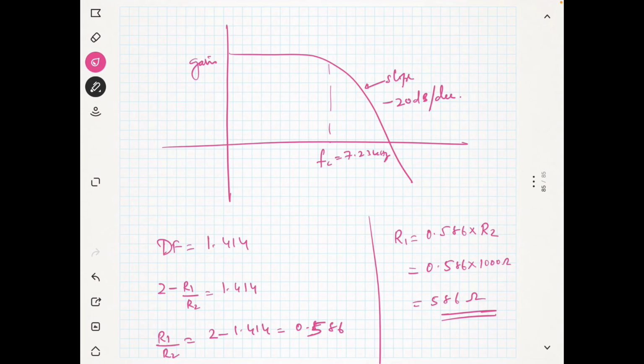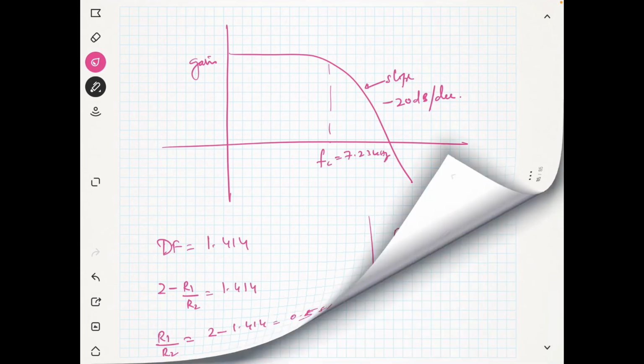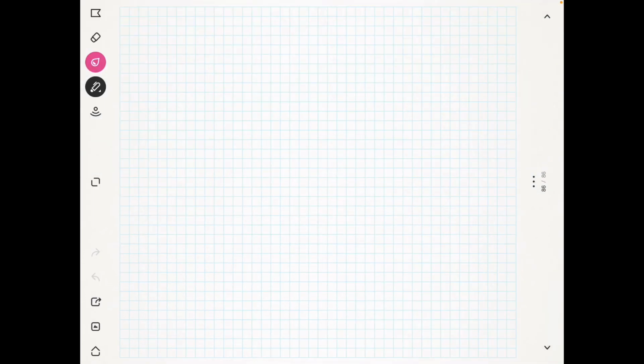Now we will see another problem, which is a design problem. That means you have to design a filter for a particular frequency. Question number 2: design a fourth order, or you can say 4-pole, filter.